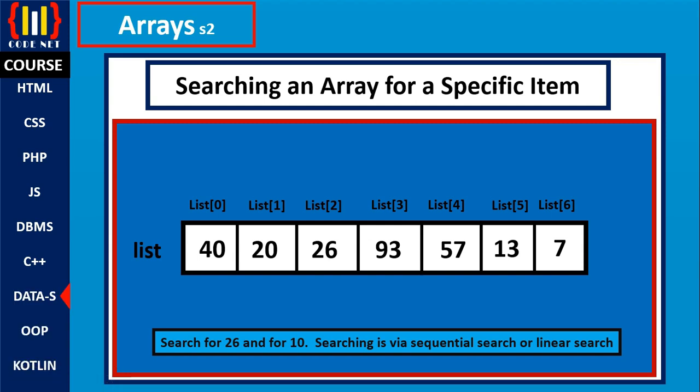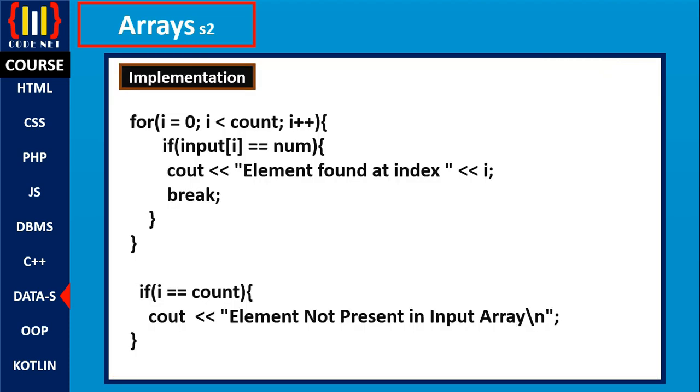Definitely we will find that 10 isn't at index 0, 10 isn't at index 1, 10 isn't at index 2, 10 isn't at index 3, 10 isn't at index 4, 10 isn't at index 5, and lastly 10 isn't at index 6. So automatically we will return the code that specifies that there isn't a value in this array that is equivalent to 10. That's what happens. So this is the actual code that we can use if we want to do the searching and the like.